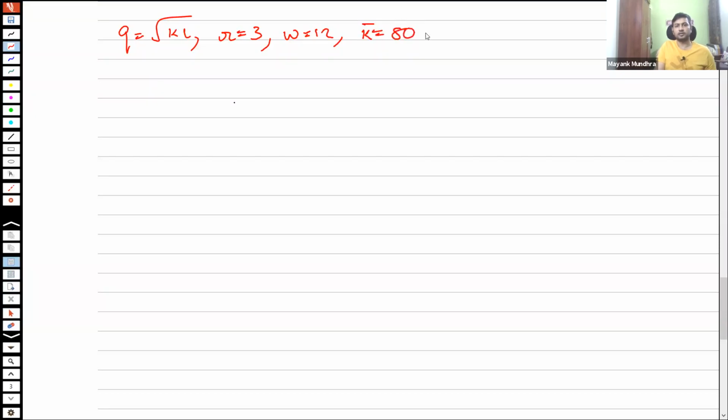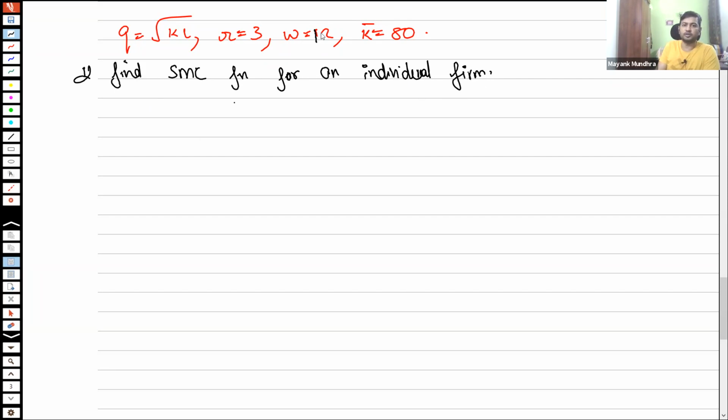So first step is to find the short-run marginal cost function for an individual firm. So what's going to be the short-run marginal cost function?